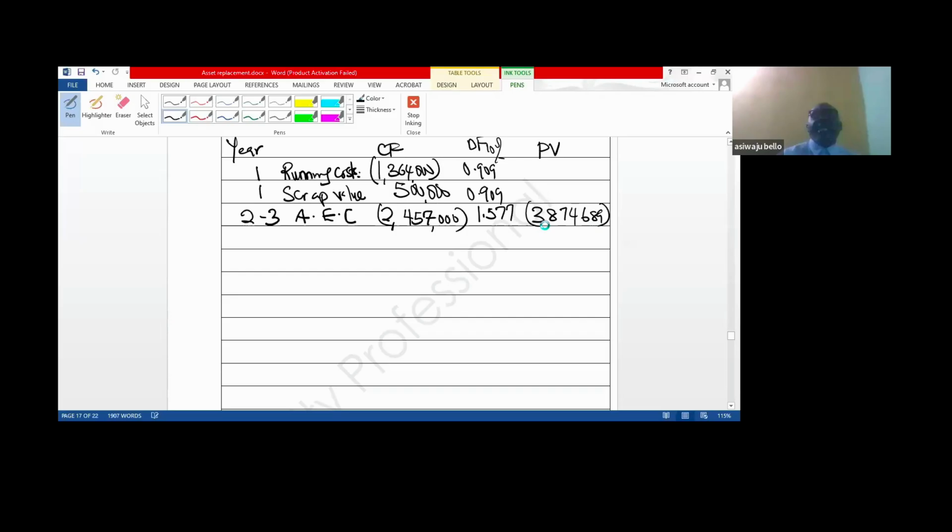Next, 0.909 multiplied by 500, positive 454,500. Next, 1,364,000 multiplied by 0.909.